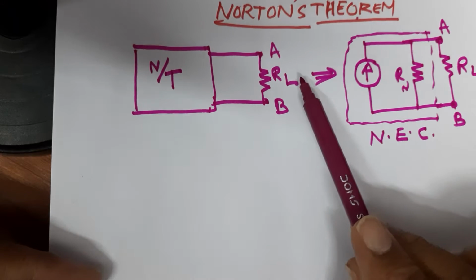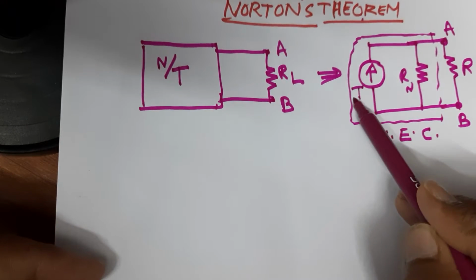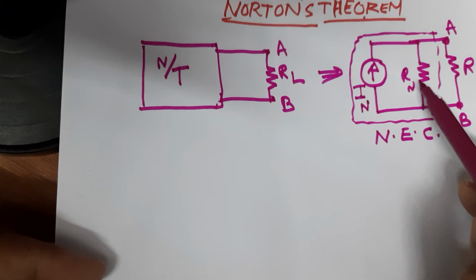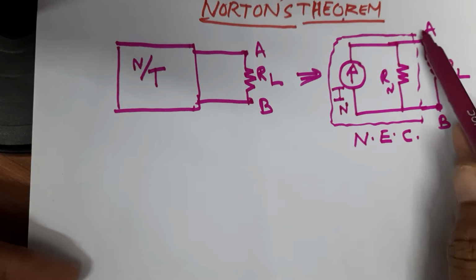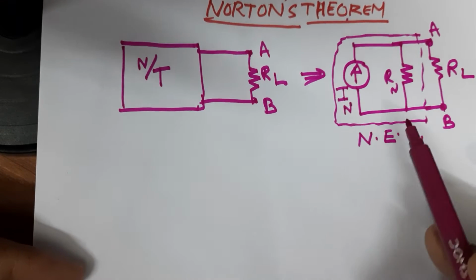Here in Norton's theorem, it consists of a single current source IN in parallel with a single resistance RN across the two terminals A and B as shown in the figure.